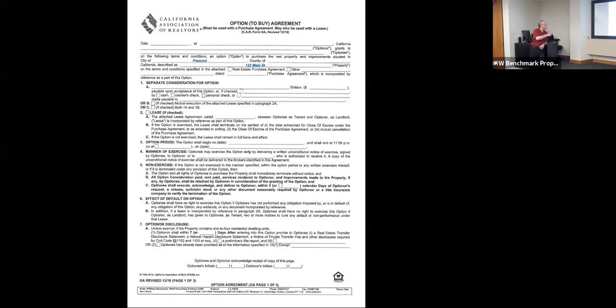The way that works is you're actually going to be generating 3 documents: a lease, the option to buy, and a purchase agreement. Now, that purchase agreement could always be subject to change depending on market conditions and so forth. But you initially can generate all 3 documents at one time.